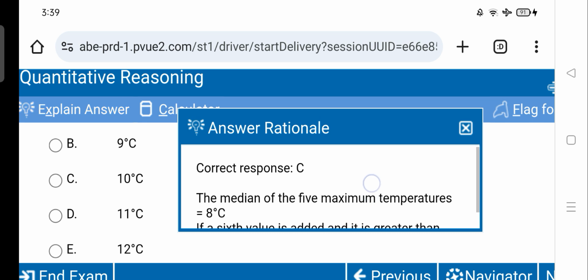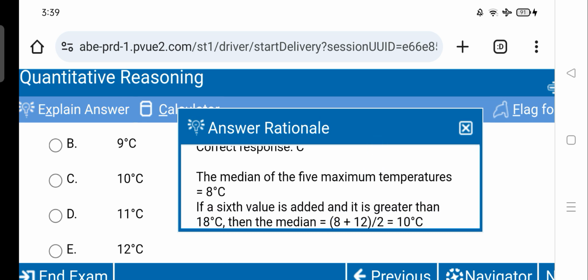Correct response we have is option C, as the median of the 5 temperatures is 8 degrees centigrade. So if a sixth value is added, and it is greater than 18 degrees centigrade, then the median equals 8 plus 12 divided by 2 equals 10 degrees centigrade.